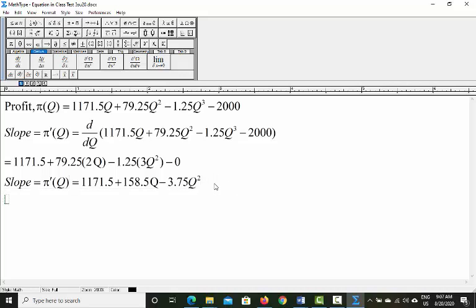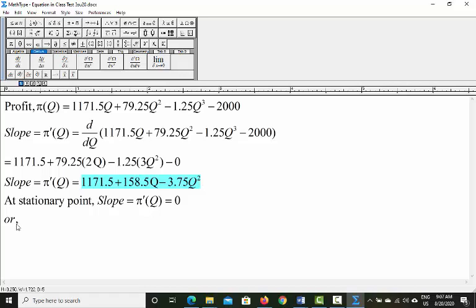We know that at the stationary point, slope is 0, which means this expression will be equal to 0.